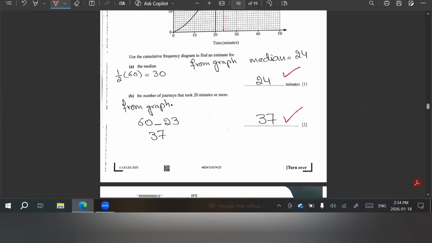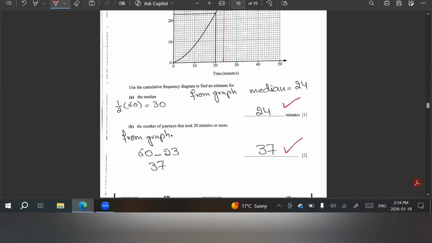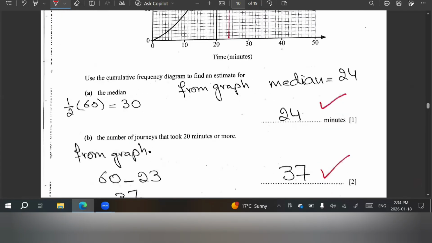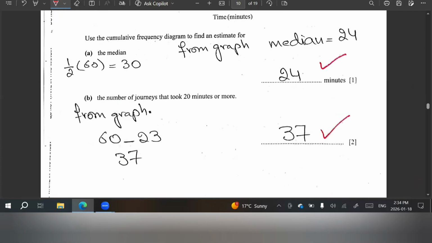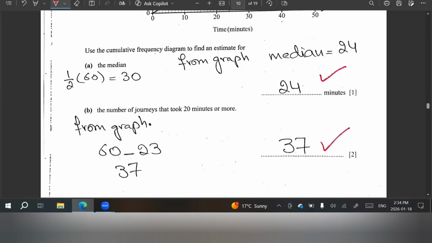From the graph, I will take 60 minus 23, and then it's 37. So 37 is the answer, sir, for those who took more than 20 minutes. Let me show you.